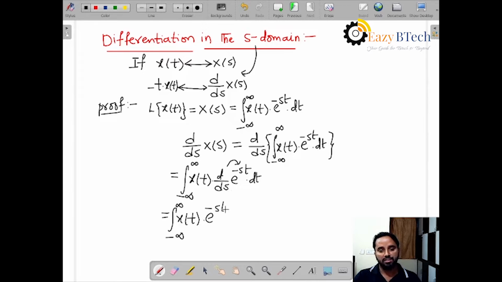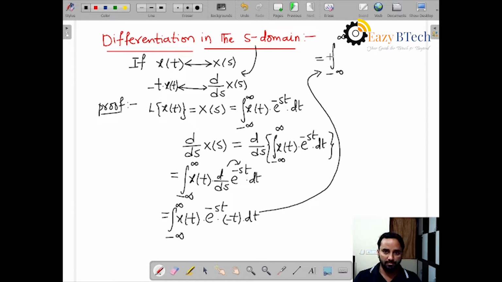It is e power minus st into minus t. So the integral becomes the integral from minus infinity to plus infinity of minus t x of t e power minus st dt.